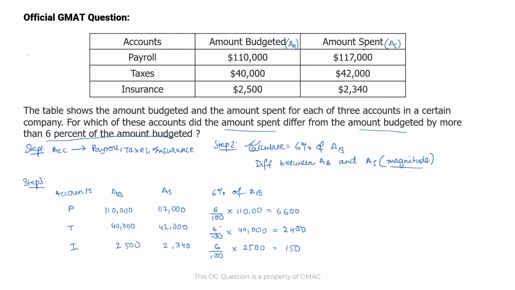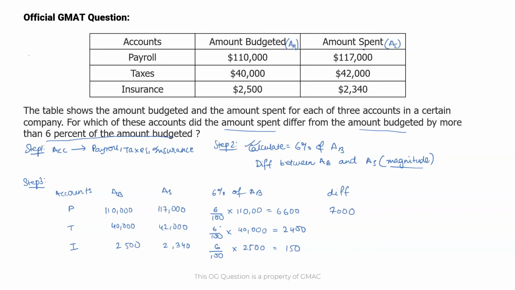We now calculate the difference between AB and AS, and if that difference is greater than 6% of AB, then for that account the difference between the amount spent and the amount budgeted is more than 6% of the amount budgeted. So let's calculate the difference. Now the difference would be $117,000 minus $110,000, which is $7,000.